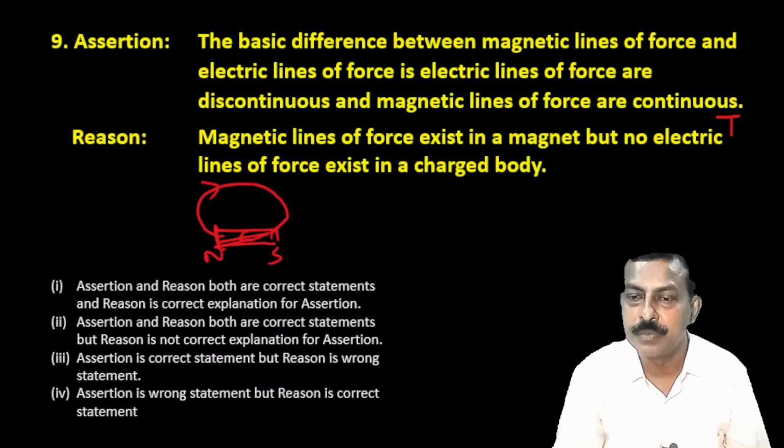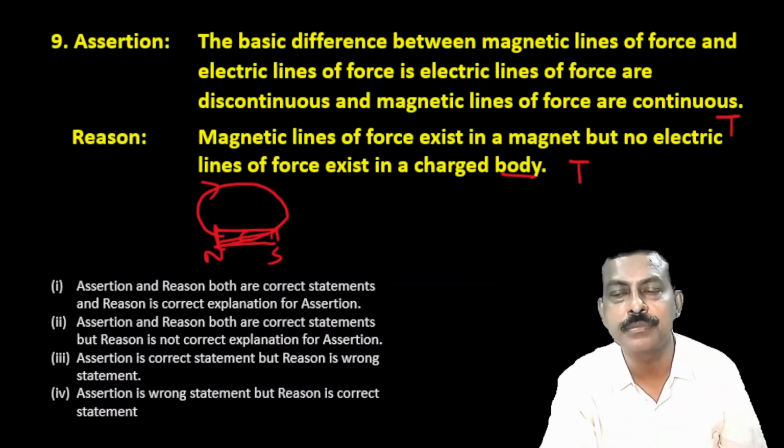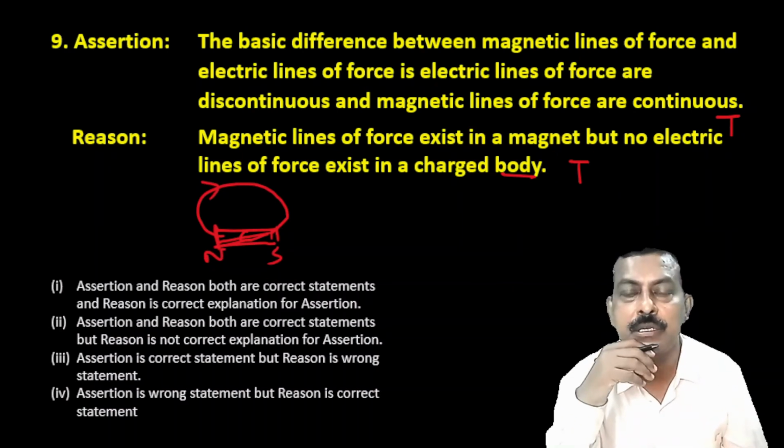And magnetic lines of force exist in a magnet, but no electric lines of force exist in a charged body. This is also true. Now let's see the assertion and reason together.